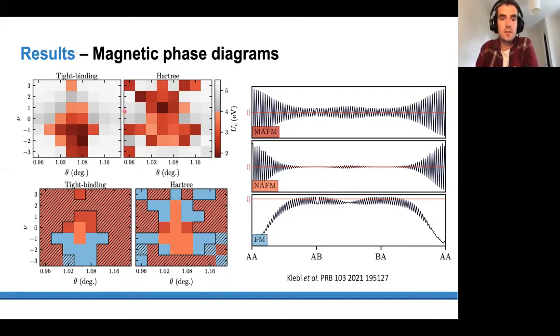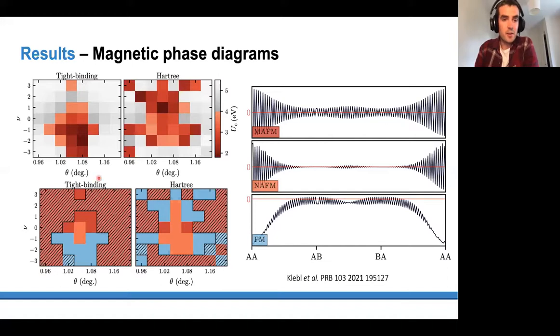And so what we see is that in the tight binding case, we predominantly expect magnetic phases to occur right around the magic angle, mainly for hole doped systems. Whereas with these Hartree interactions, we expect something that is, well, really quite different. And so we can look at the magnetic phases of each of these different doping levels and twist angles.